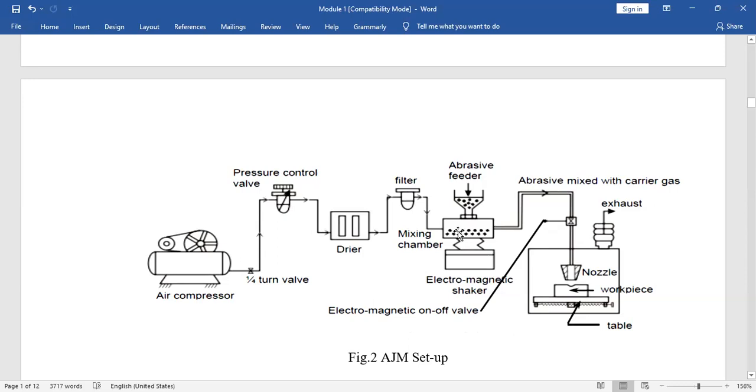For proper mixing of the abrasive particles with the compressed air, we are using the electromagnetic shaker. It is a type of shaker that vibrates with some amplitude and frequency, so the mixing of the abrasive particles with the compressed air will be uniform.